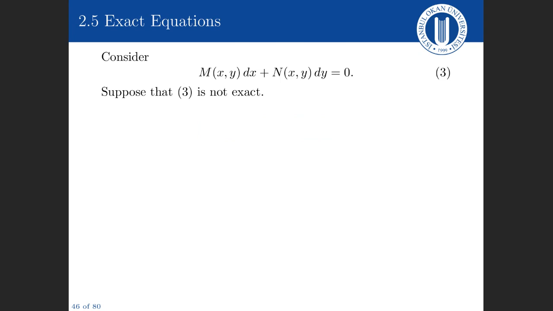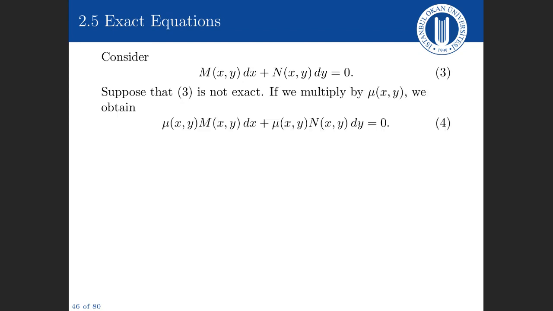Let's start with this equation and let's suppose that this equation is not exact. And let's suppose that we multiply this by some unknown function, mu.